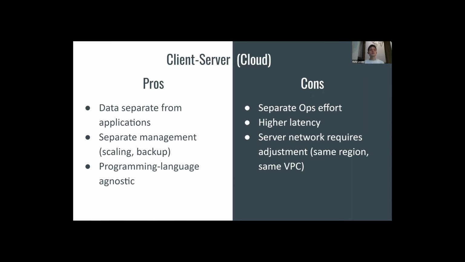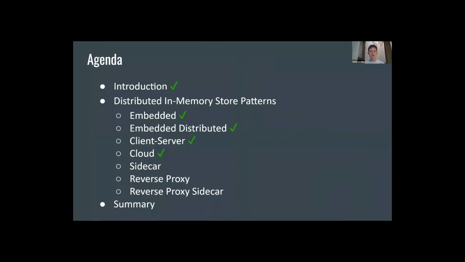If you set up an on-premises server, make sure that it's in the same local network. You don't want to have a lot of network calls between your application and your server. So you need to configure this right. Okay, we covered client-server and cloud solution.